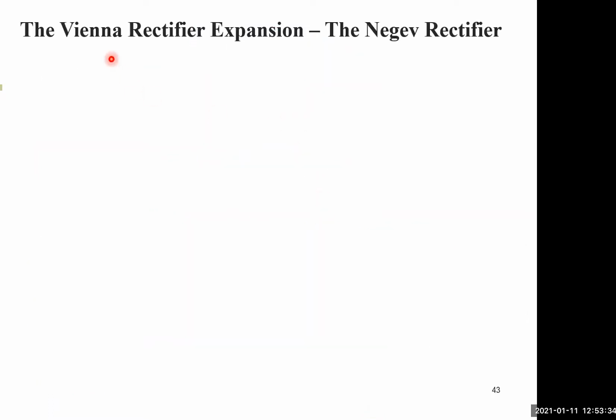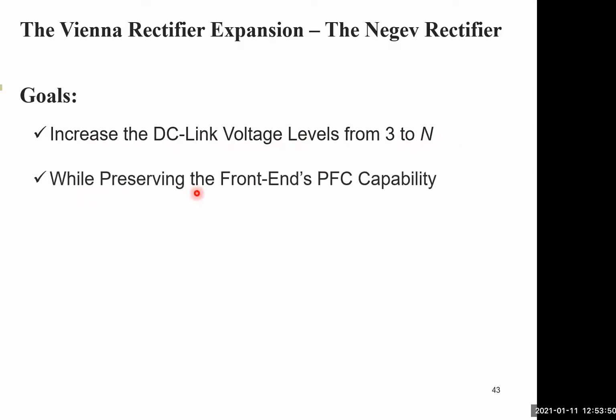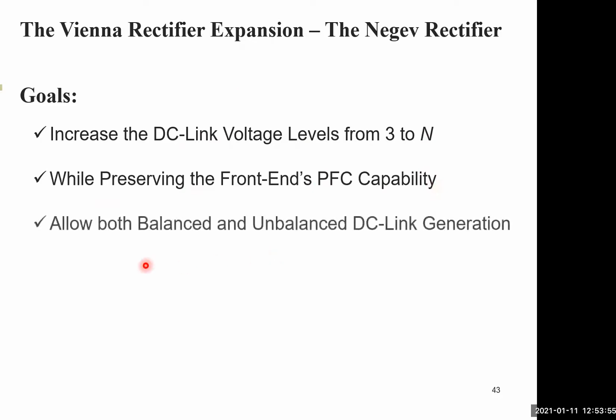So we want to expand the Vienna rectifier to the new multi-level rectifier, which naturally we call the Negev rectifier, because of Ben-Gurion University of the Negev. The goal is to increase the DC link voltage levels from 3 to N, while fully preserving the front-end power factor correction capability of the Vienna rectifier and allowing both balanced and unbalanced DC link generation.